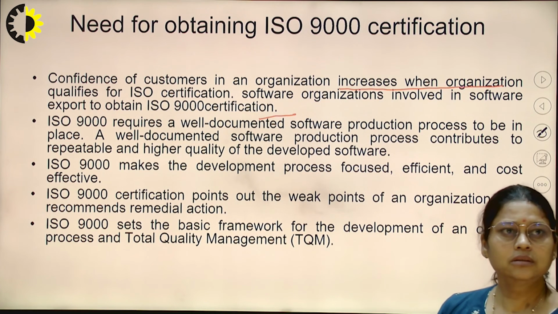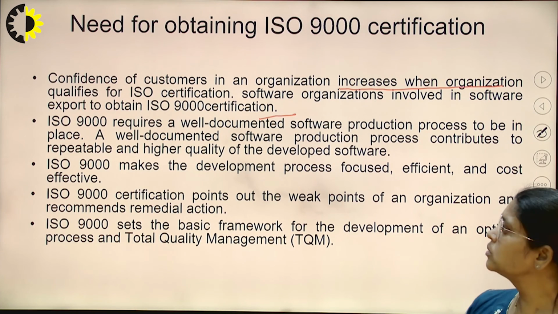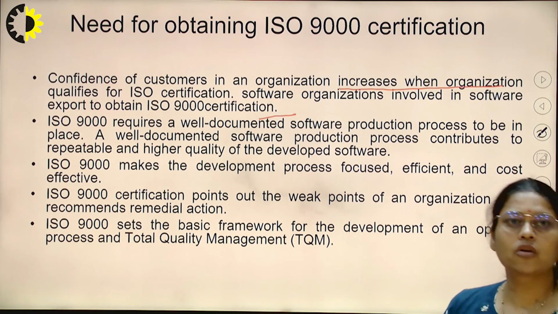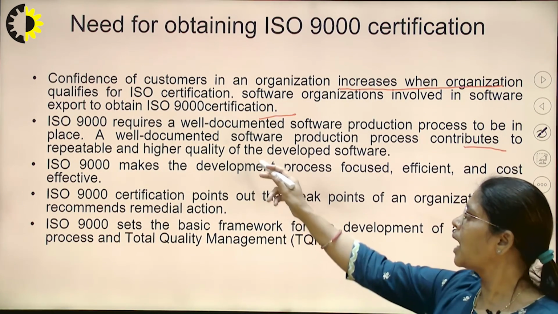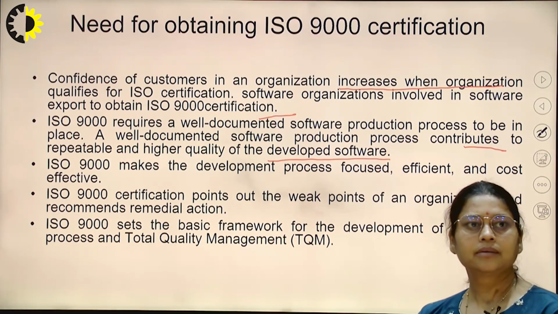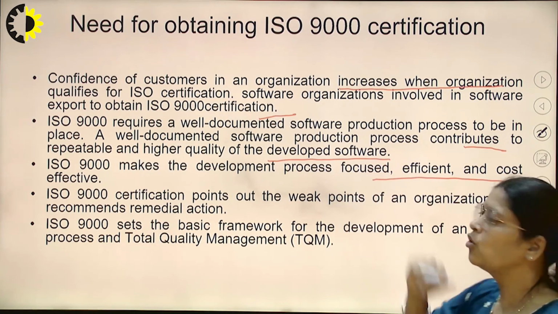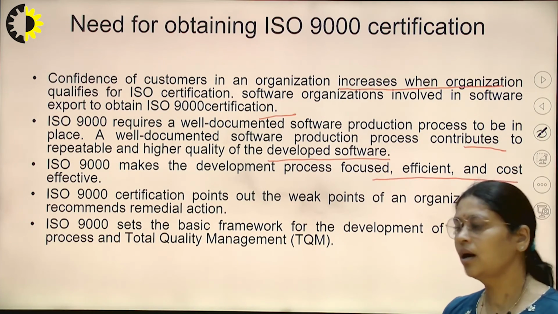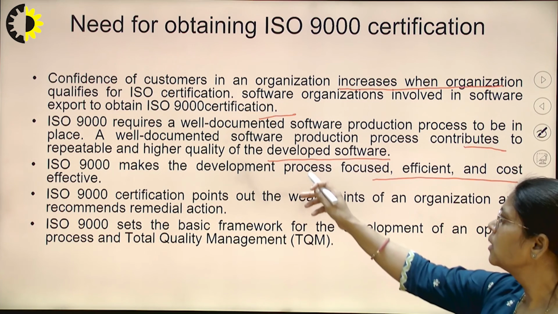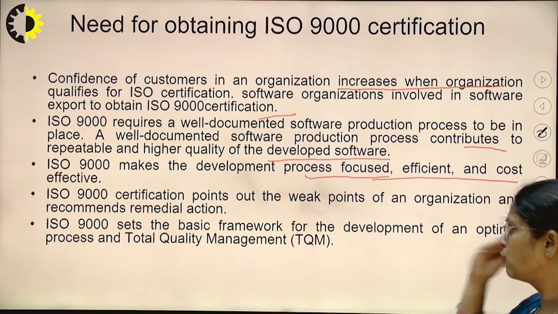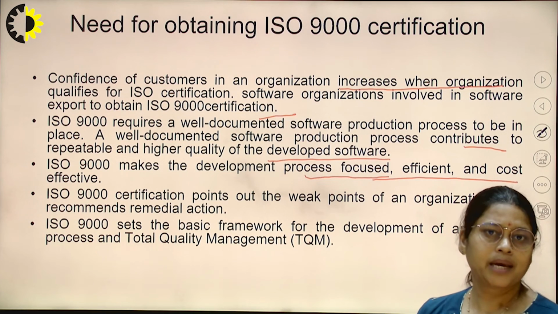ISO 9000 requires a well-documented software production process, which contributes to repeatable and higher quality of software development. And ISO 9000 makes a development process focused, efficient and cost effective. So if we are an ISO certified company, then we can easily assure that we follow a focused, efficient and cost effective process for developing any product.